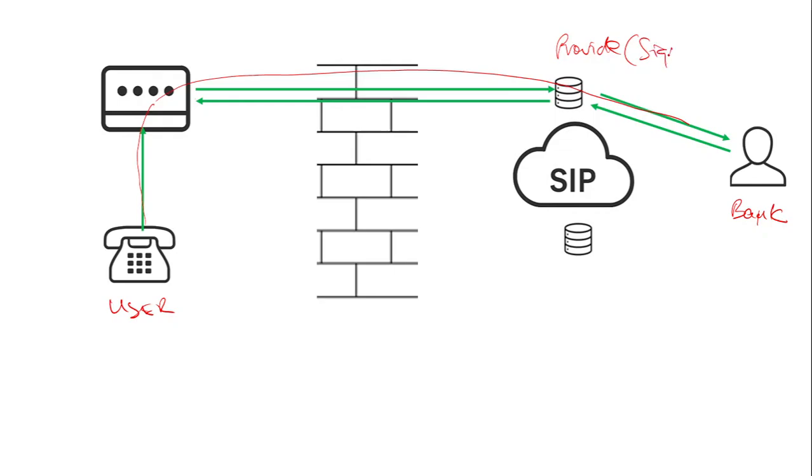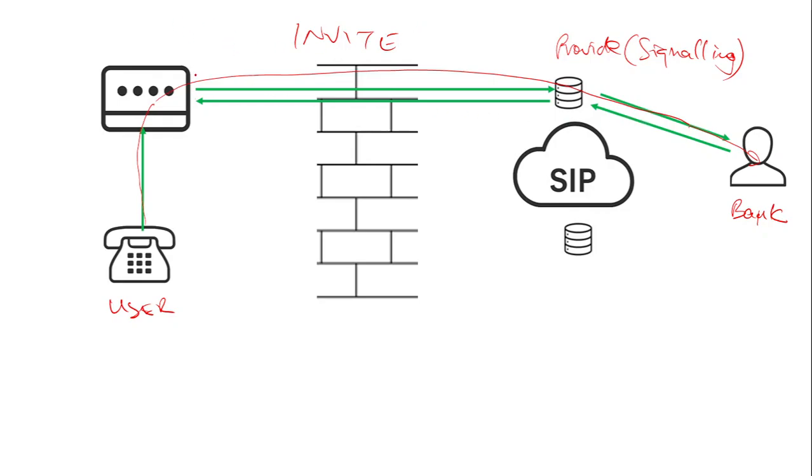This is signaling, in the form of an invite. And the provider is going to extend the invite to the bank.